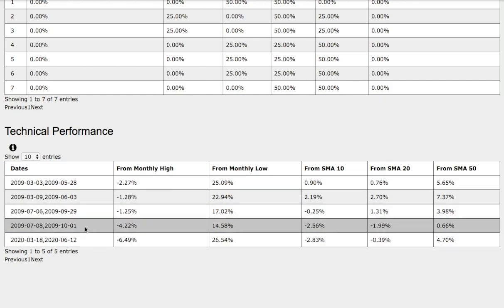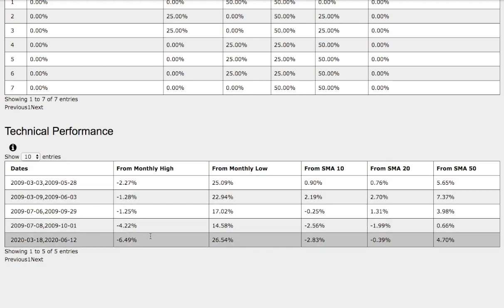Now let's examine the trend that we just found on the line graph and compare it. Back then it was down 4.2% from the monthly high, up 15% from the monthly low, down 2.5% from the 10 simple moving average, down 2% from the 20-day simple moving average, and up 66 basis points from the 50-day simple moving average.